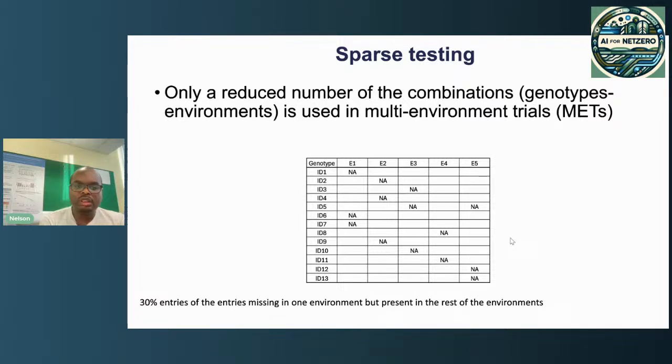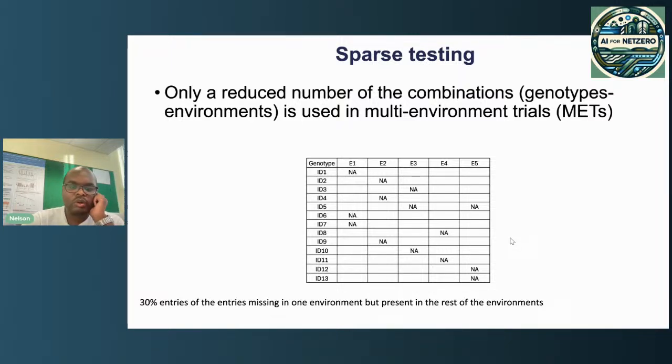It is expensive: you can imagine if you have 6 environments in which to evaluate your genotypes, and 100 genotypes or varieties, you have to plant all 100 varieties in those 6 environments. So instead of doing that, we proposed a method called sparse testing.